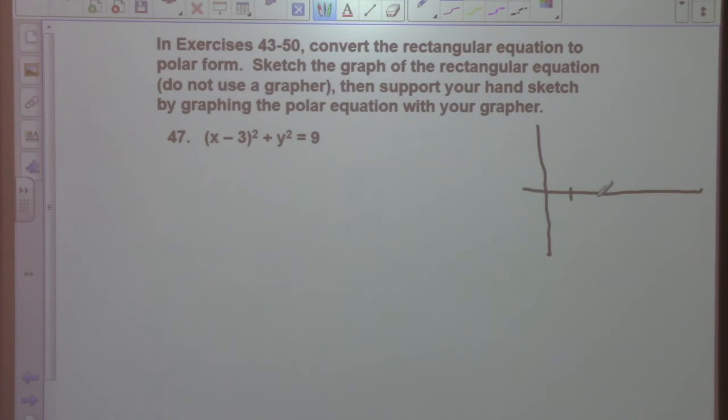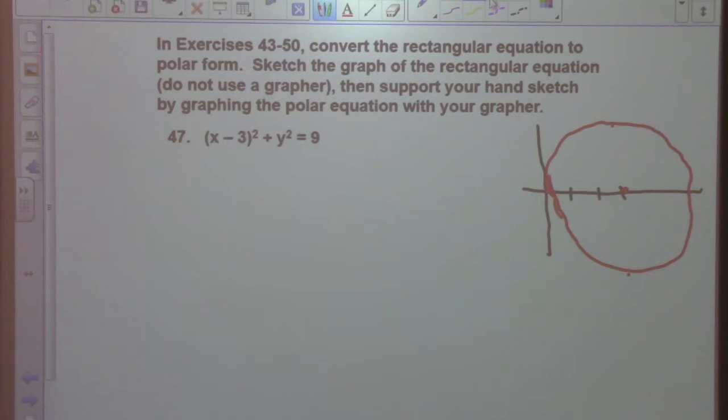If your center is 3 units to the right and your radius is 3, you should get the circle, when we convert this to polar, should look something like this. Okay, that's what it should look like. So let's go ahead and convert this to a polar equation.